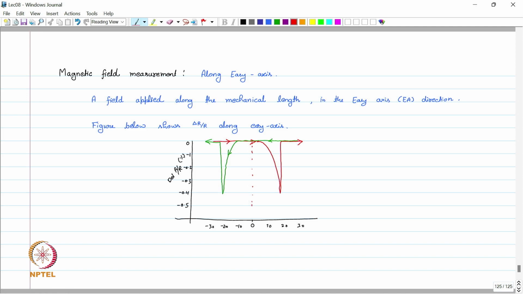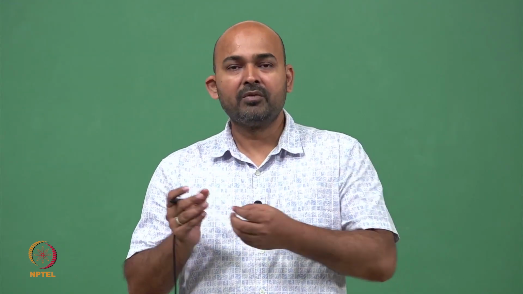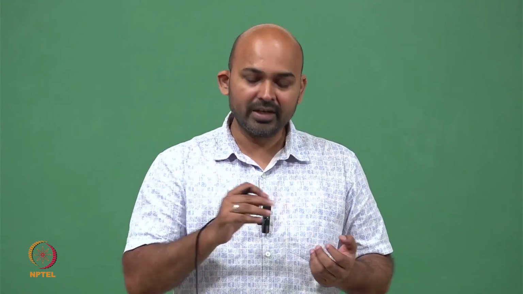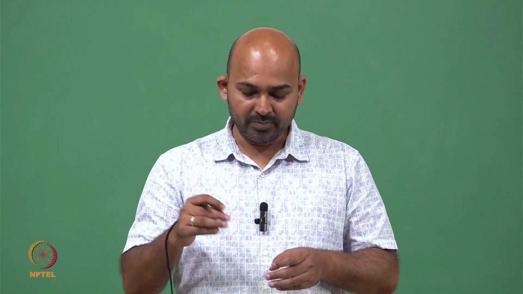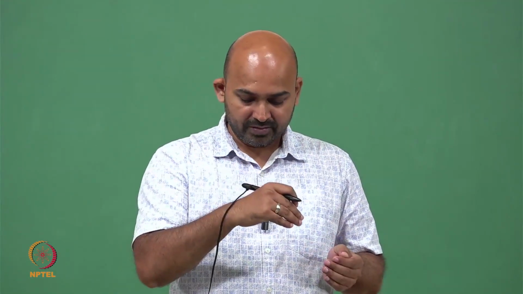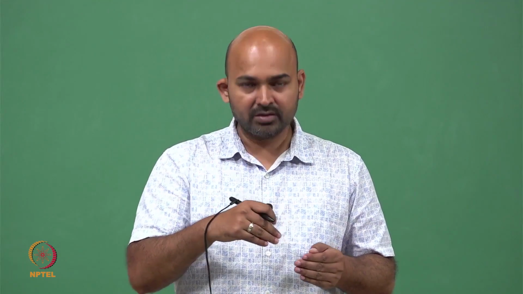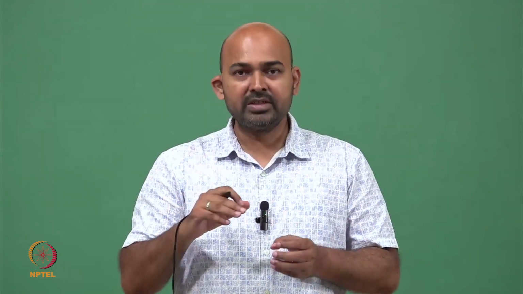So here we see, when we change the direction of the magnetic field going from negative to positive, this dip or the decrease in the delta R by R happens at, let's say, 15 value, but while coming back from positive to negative, this does not happen at the same point, but now it happens between minus 20 or minus 30 or so. So this has different path for going high and going low.